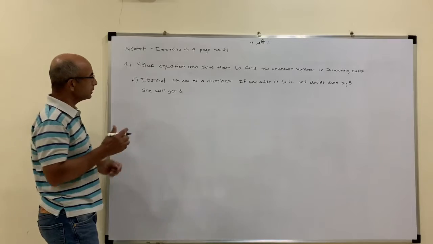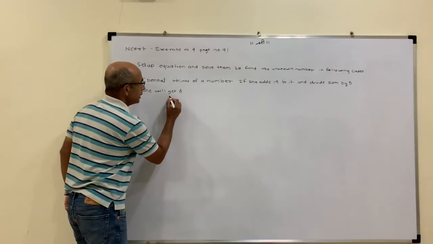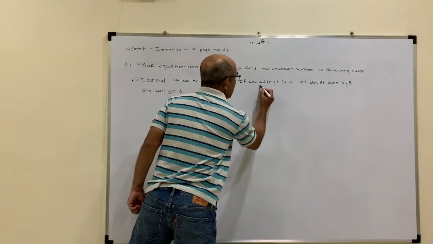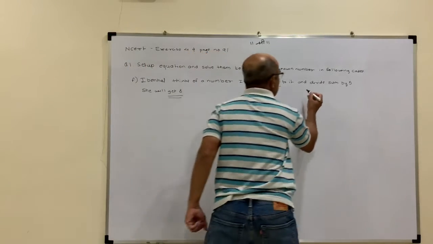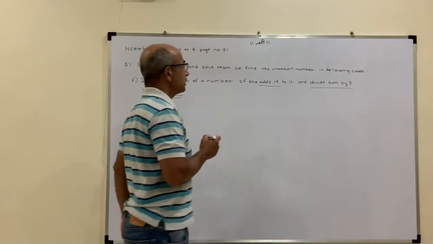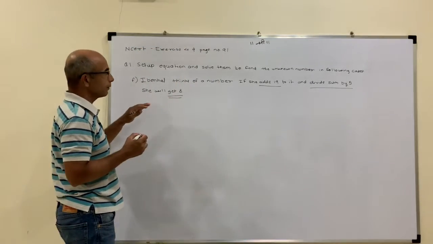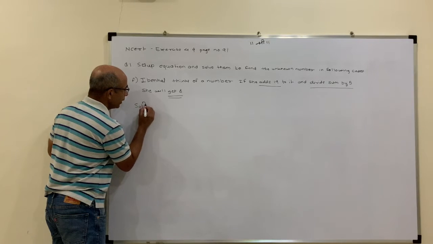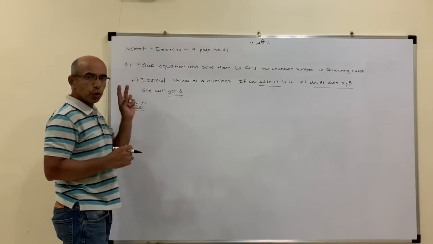So now let's understand the important terms. She will get 8, if she adds 19 and divides the sum by 5. These three are the important parts of this problem. So now to do the solution, we will be doing this in two steps.